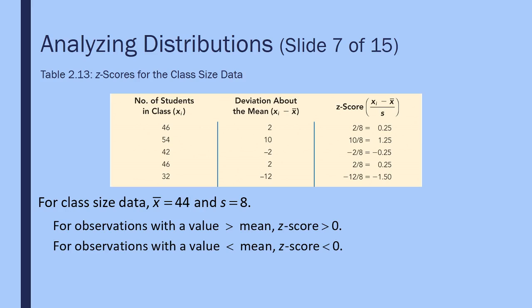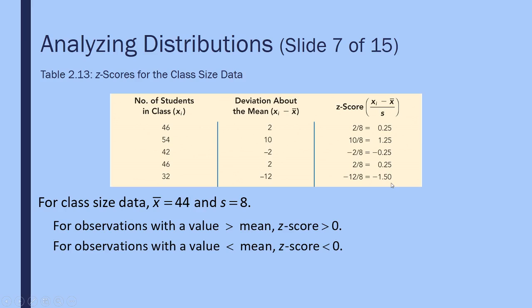So the z-score is the deviation about the mean divided by the standard deviation. For the first observation, we have 0.25. The second observation has a z-score of 1.25. Third is negative 0.25. Fourth is 0.25. And the fifth observation has a z-score of negative 1.5.